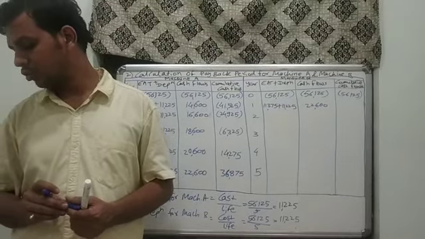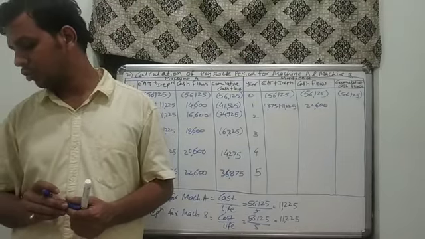Then third year cash flow, 7,375 plus 11,225 is equal to 18,600. So minus 12,925 plus 18,600 is equal to 5,675. Here we have a positive answer.